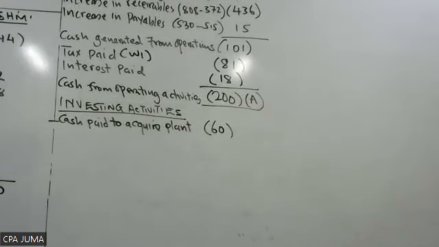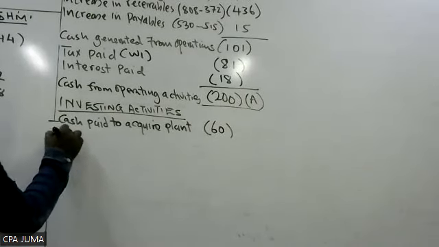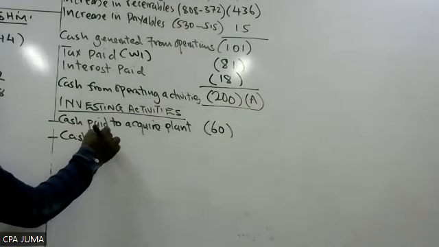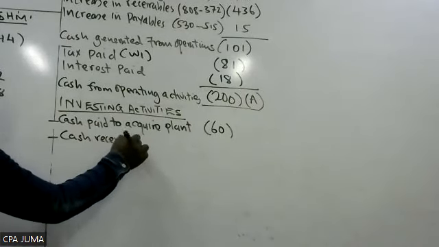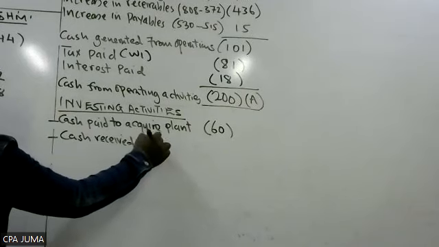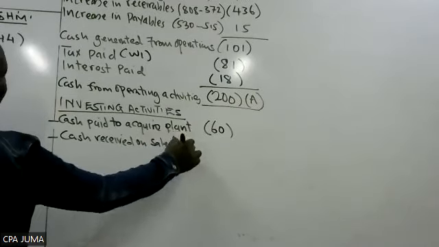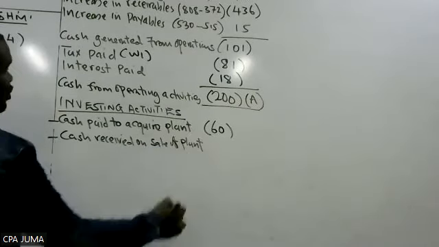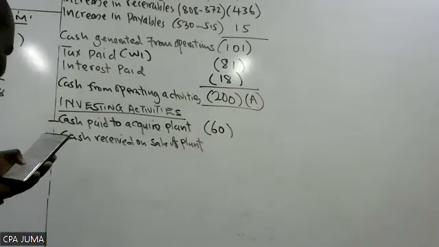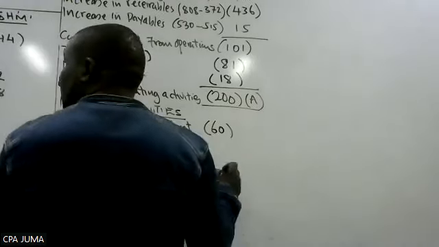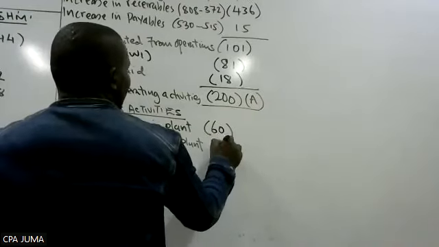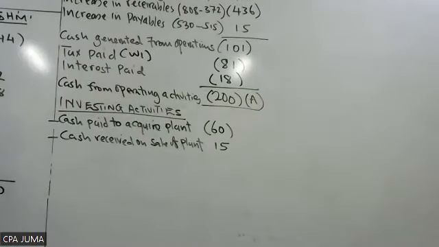And sold some old plant for shillings 15 million. So cash received on sale of plants. When they disposed the plant, they received 15 million. That is cash inflow.